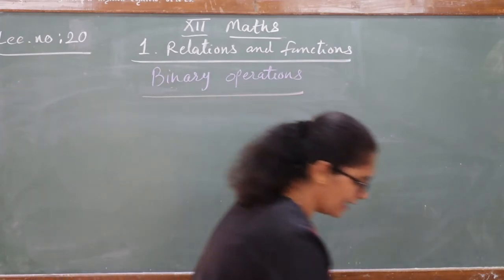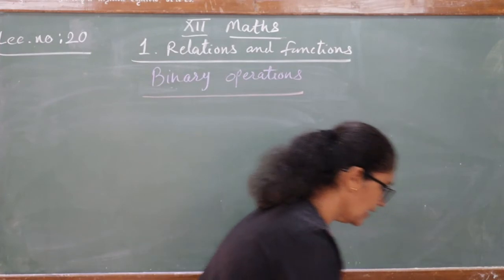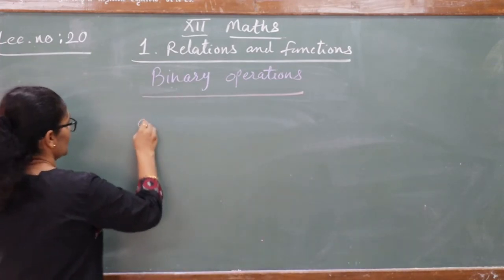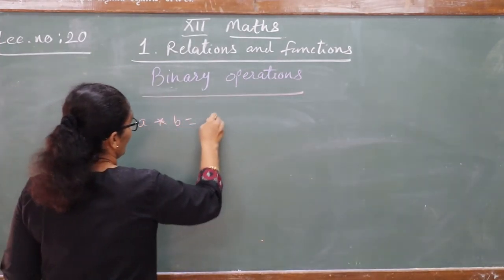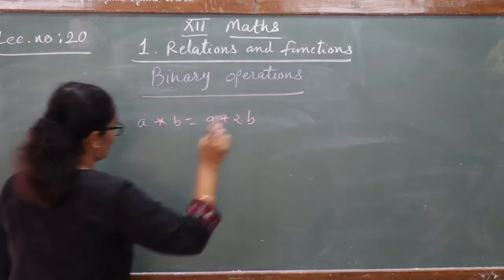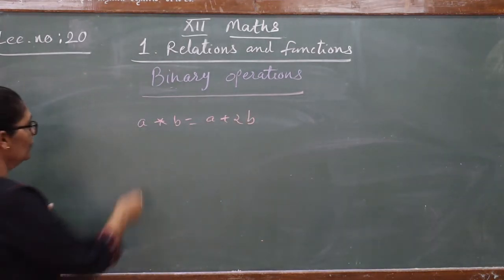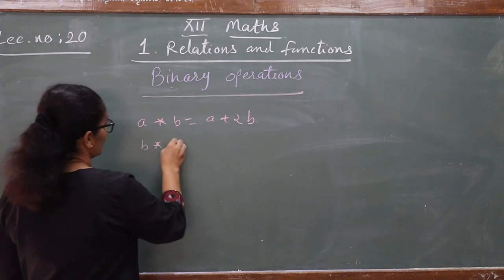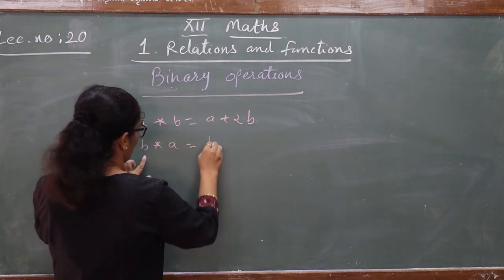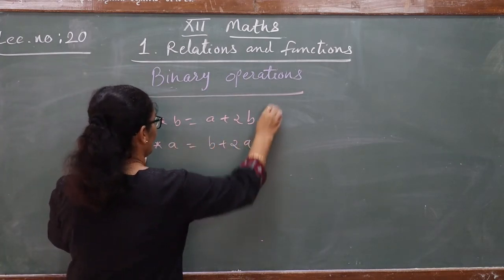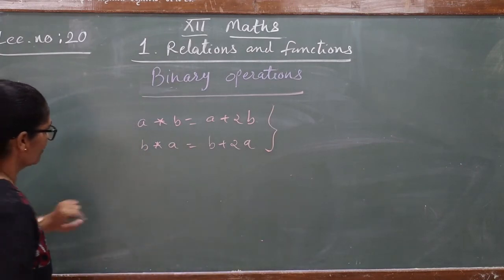Now next question, A asterisk B equals a plus 2b. You have to check commutative, and for commutative, A asterisk b and b asterisk a both should be the same. So b plus 2a, that way you get two terms. Now let's check with numbers.